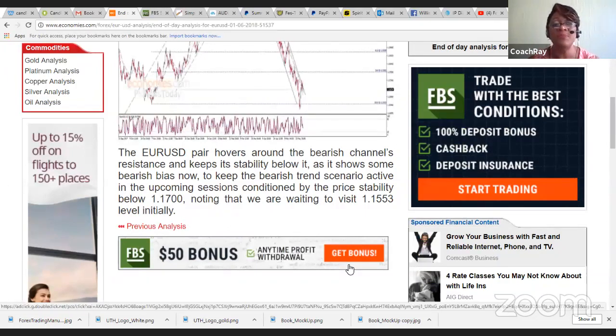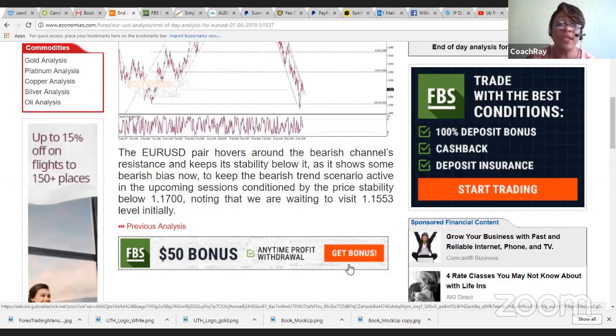The Euro USD pair hovers around the bearish channel's resistance and keeps its stability below it, as it shows some bearish bias now. To keep the bearish trend scenario active in the coming session, conditioned by the price stability below 1.1700, noting that we are waiting to visit even lower level, okay?